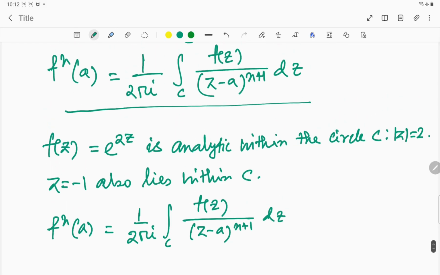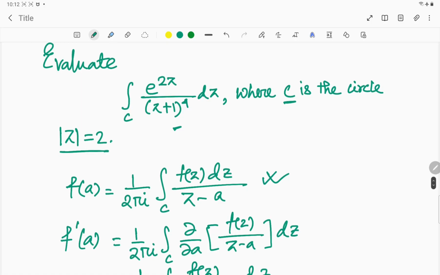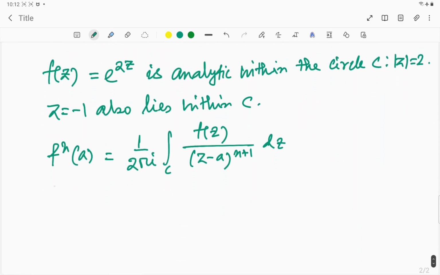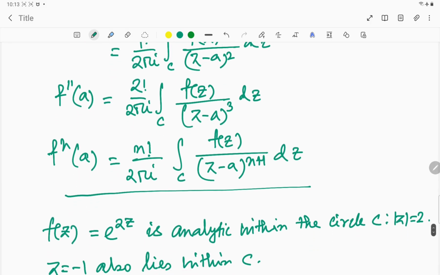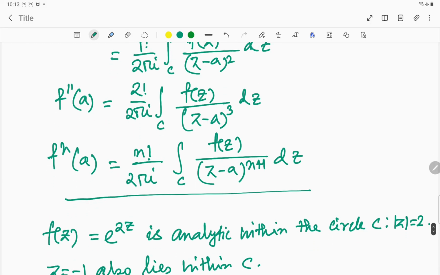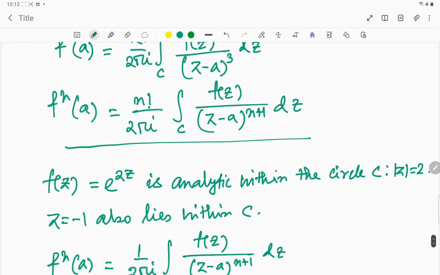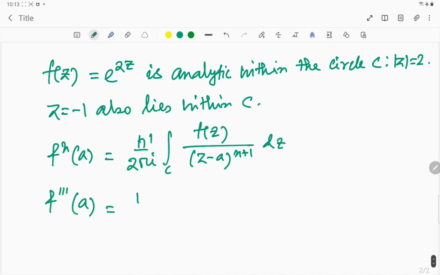So here our power is 4, so we can write f triple prime a is equal to 1 by, sorry, I forgot one thing. Here I have to write 2 pi i, and this should be n factorial. So I forgot this important thing, so please remember: n factorial.